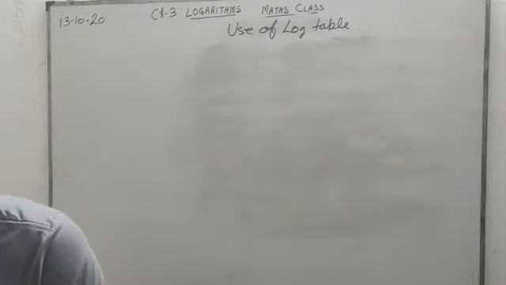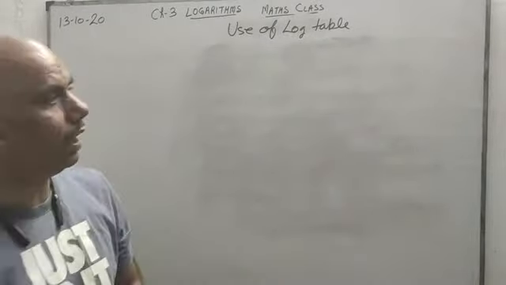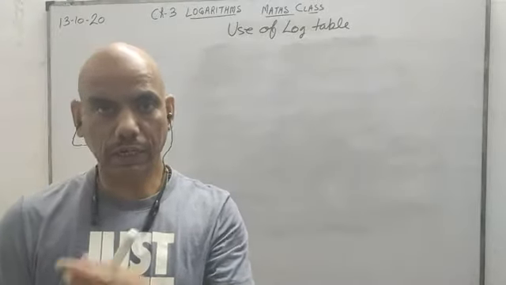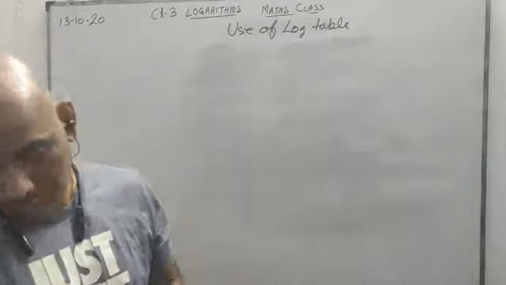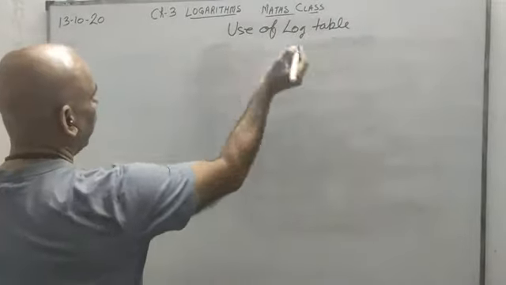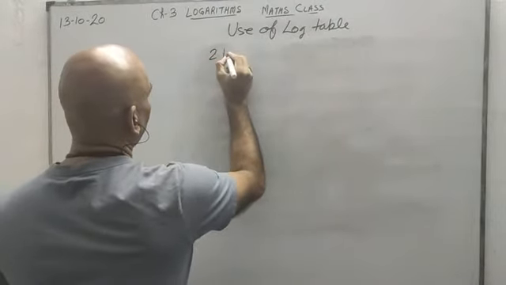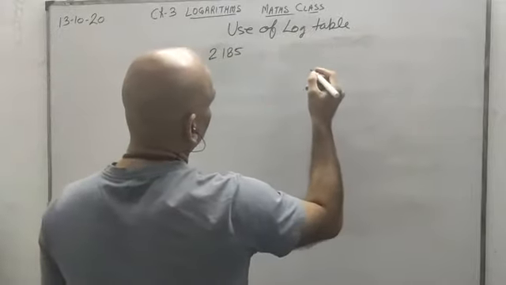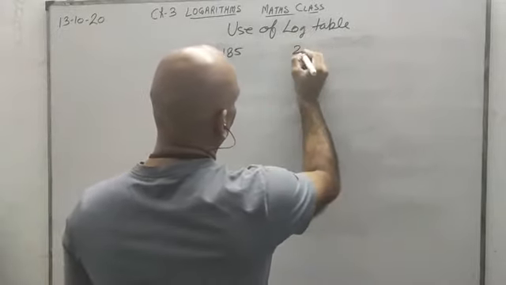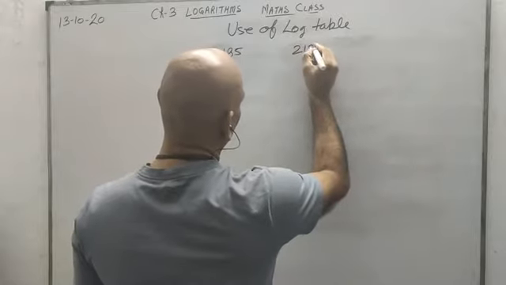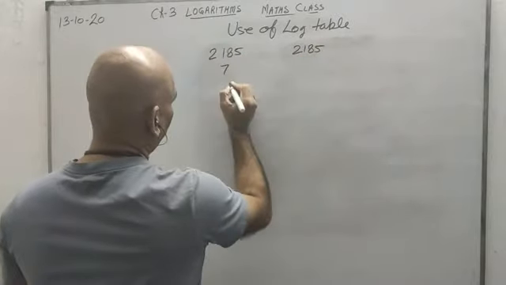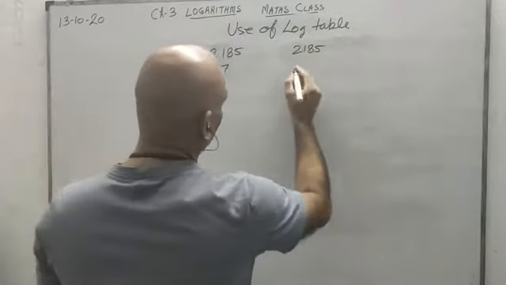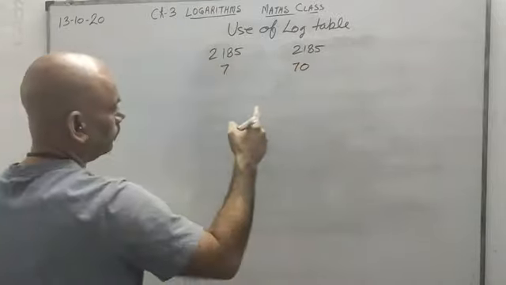For calculating the Mantissa, our number should be between 10 and 99. If it is less than 10, then what? First of all, if I have a number 2.185, then to look up its value in the log table, the significant number will be 2185. If we have a number 7 only, and we want to look up its value, we will look up the value of 70.